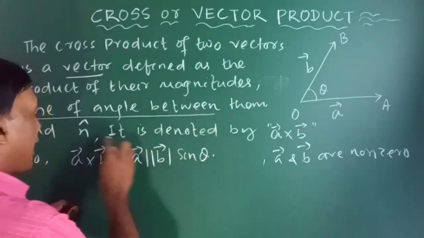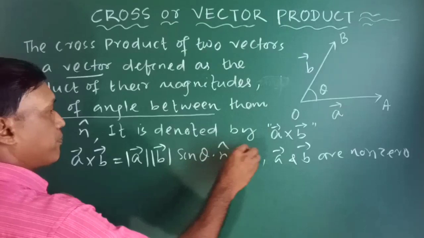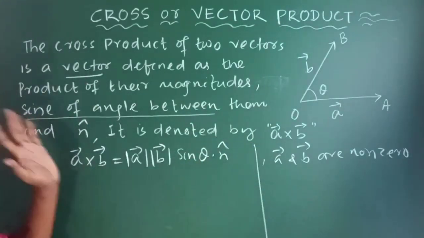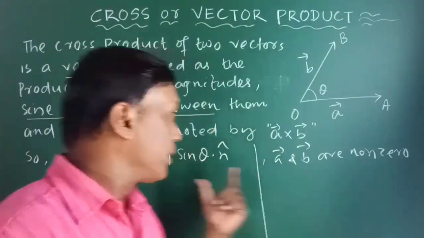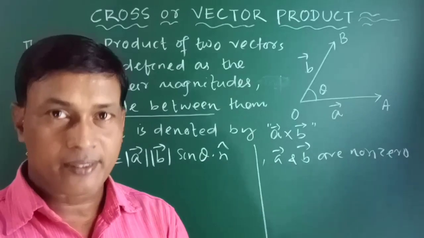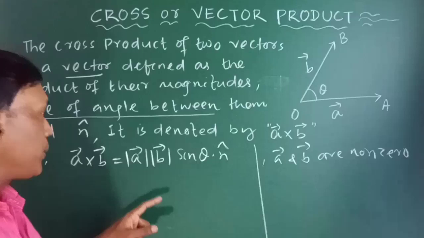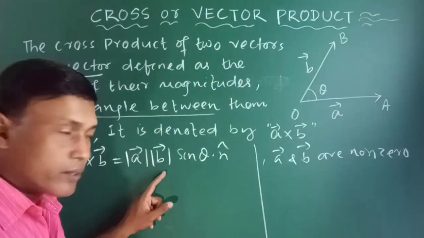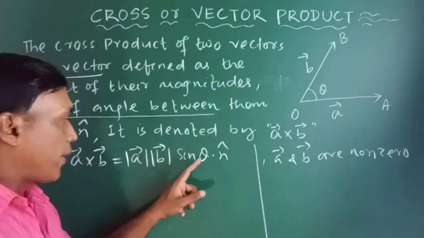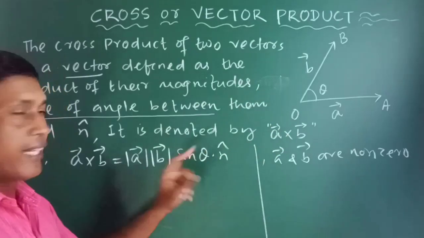And another is the n cap. So A cross B is the symbolic representation of the cross product of two vectors whose value is the product of magnitudes, sine of the angle between them, and n cap.